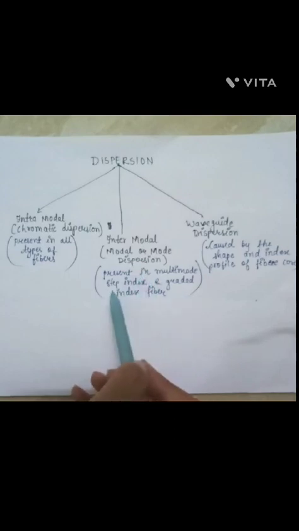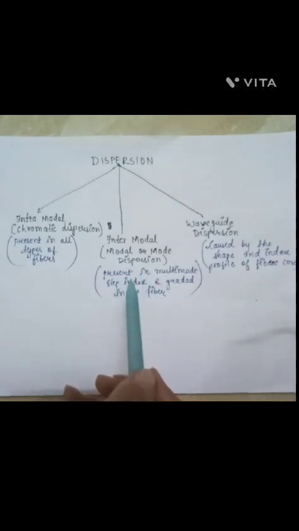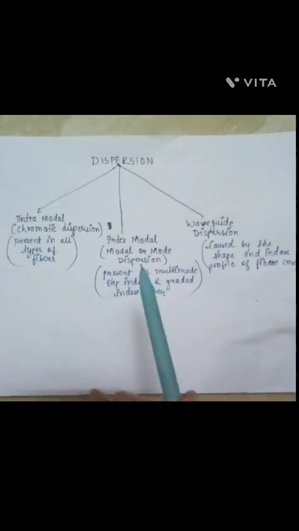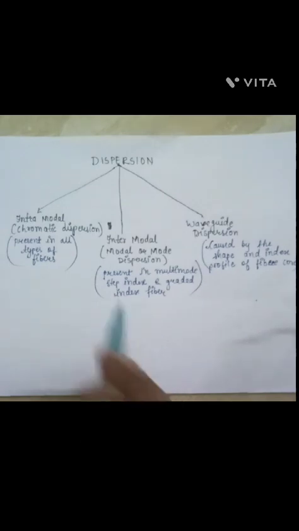Talking about intermodal dispersion, it is present in multimode step index and graded index fiber. When using multimode fiber, the light is able to take many different paths, that is, modes, as it travels within the fiber. The distance traveled by the light in each mode is different from the distance traveled in other modes.